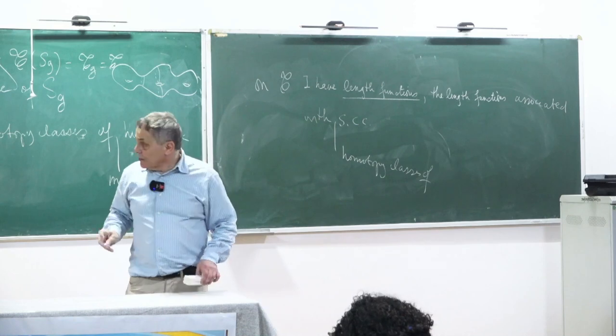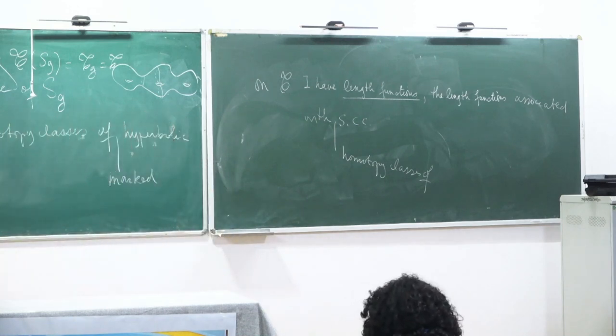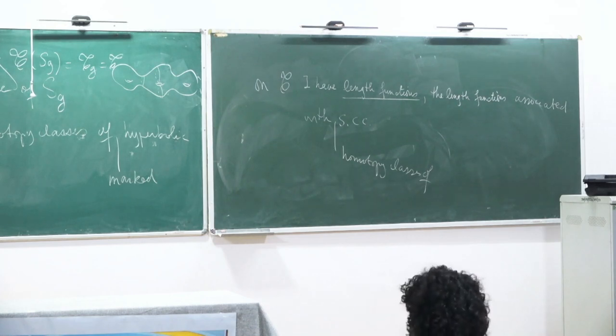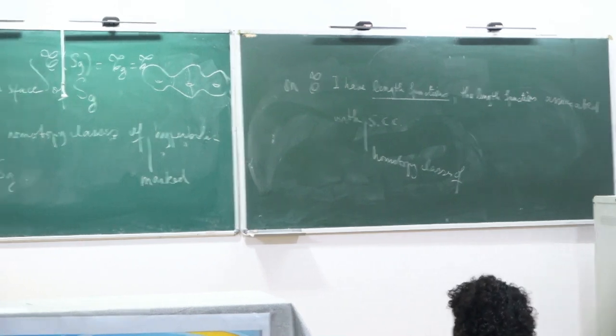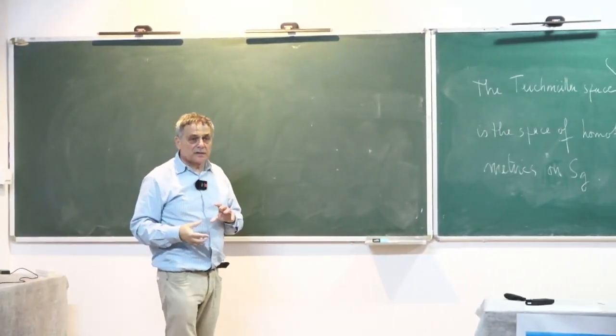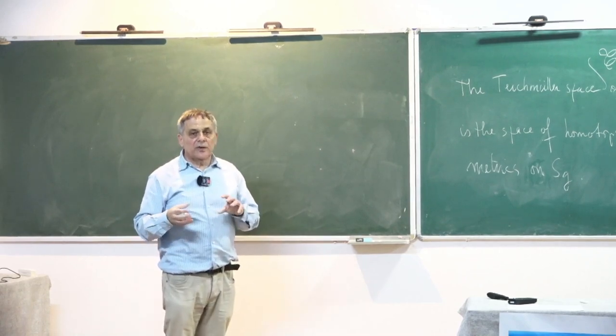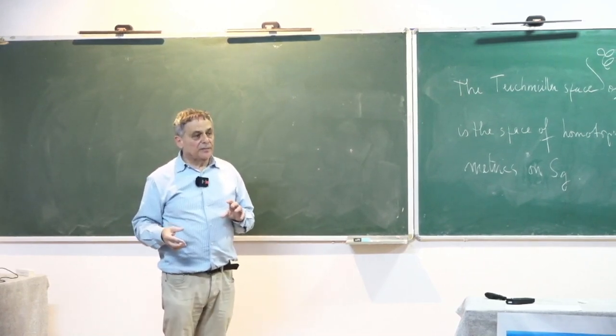Before I continue there, let me remind you of something. I showed you a construction of hyperbolic surfaces. I told you that you can do this by gluing pairs of pants. You remember this?